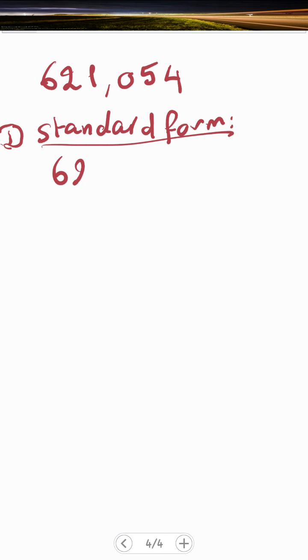If we have an example here, like 621,054, how do we read this? So I want to write number 1, the standard form. I said that the standard form is the same like this one. So the standard form is 621,054. Number 2, what is the word form?